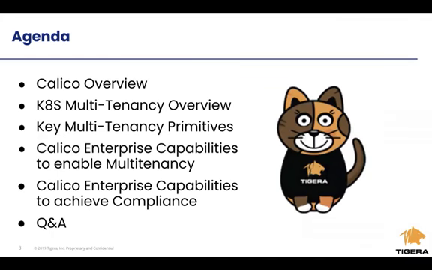And of course, we'll finally talk about one area that is really critical around multi-tenancy, which is compliance, and see how you can use Calico Enterprise capabilities to achieve that in a multi-tenant environment.